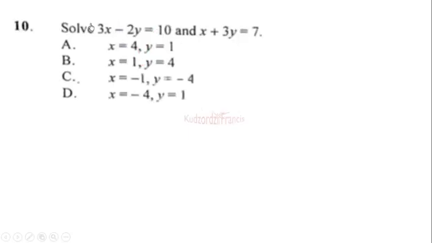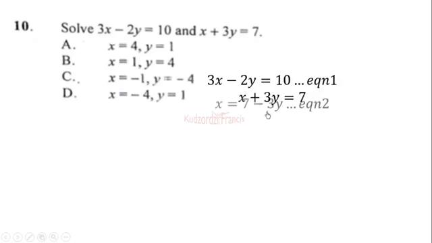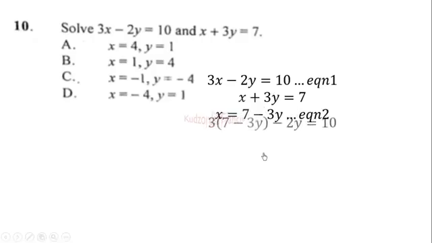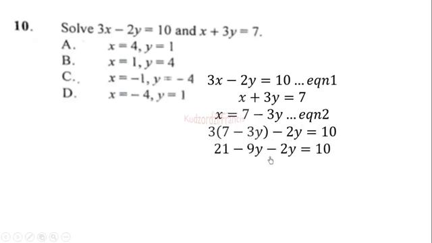Then we have this, we are solving the equation 3x minus 2y equal 10. Let this be equation 1. Then x plus 3y equals 7. So we make x a subject to get x equals 7 minus 3y to be equation 2. Now we put equation 2 in equation 1 to get this. Let's expand this. 3 times 7 is 21. 3 times -3y is -9y.